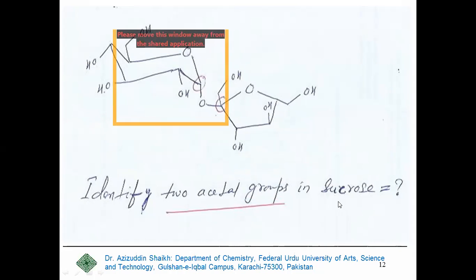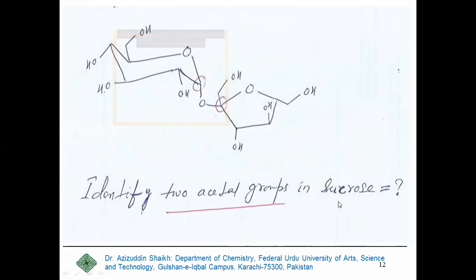So the conclusion is that if one molecule of alcohol is added to the carbonyl compound, then you will obtain hemiacetal, and if the second molecule is added, then you will obtain acetal. Acetals are always stable as compared to hemiacetals.